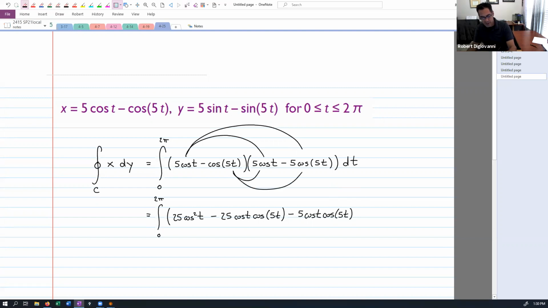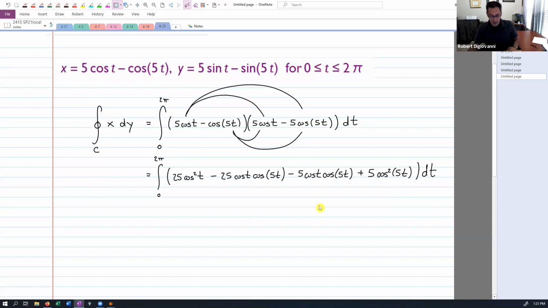And then the last one, from here to here, we should get a plus 5 cosine squared 5t dt. Oh, there's one more thing. These two can come together to give me negative 30 cosine t cosine 5t.